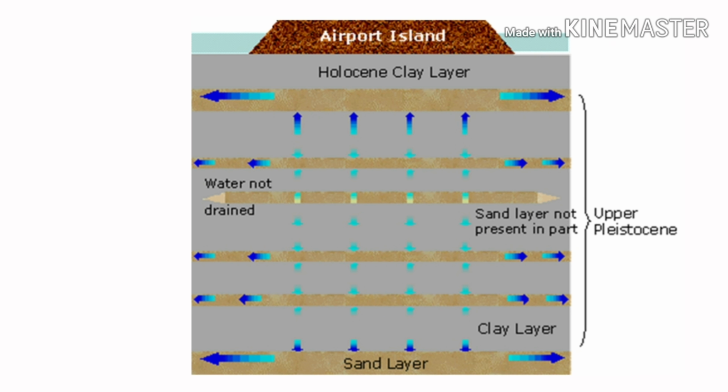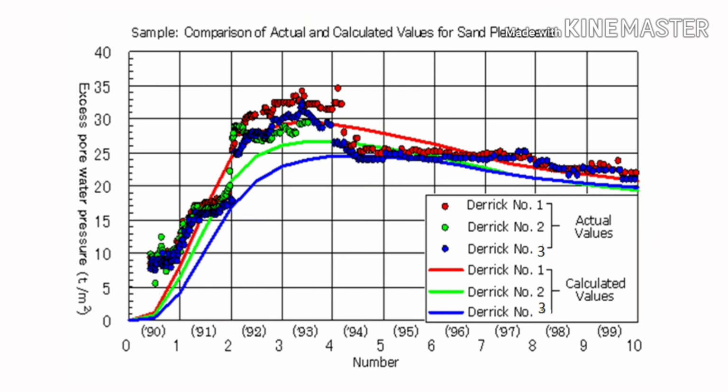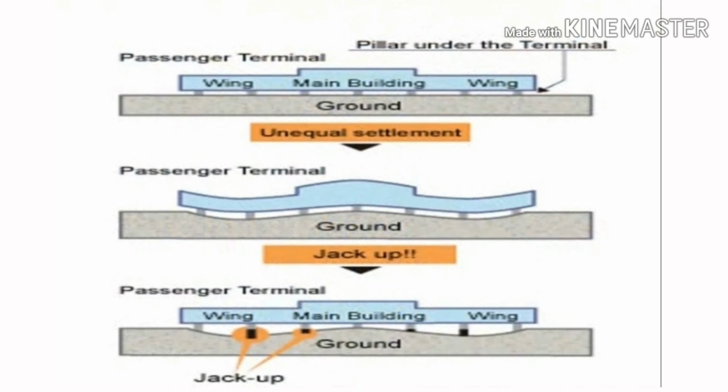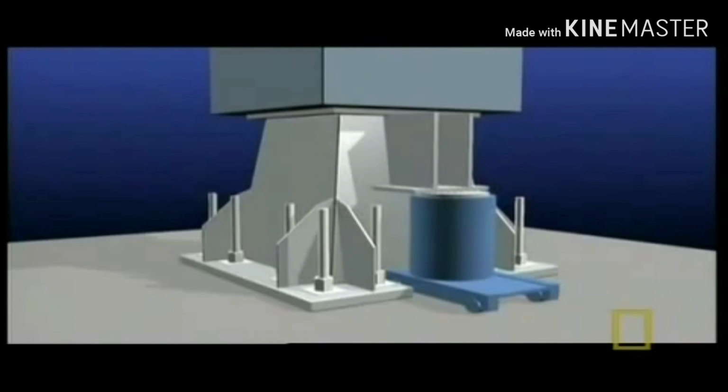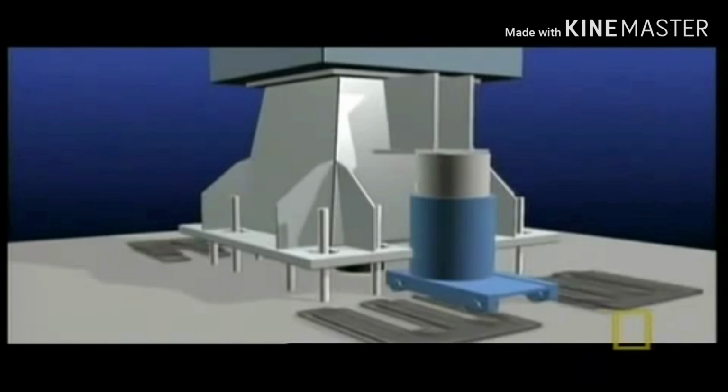This was due to incomplete consolidation, wrong estimation of the time required for completion of consolidation, ineffectiveness of the sand drain, boring depth not being deep enough, and the actual values being higher than the lab values.